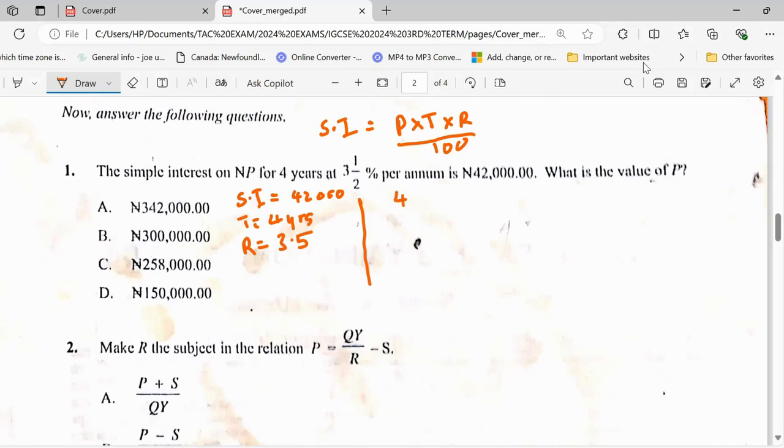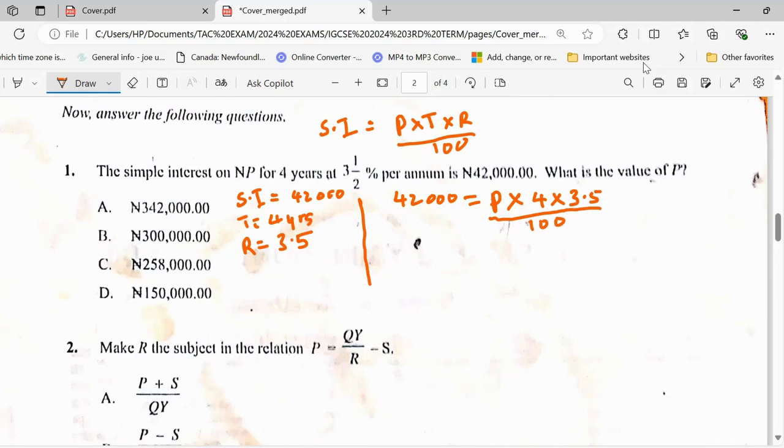So we have 42,000, which is simple interest, equals P, that's what we are looking for, times T is 4 years, times the rate is 3.5%, which is 3.5 over 100. Okay, so this is what we have.